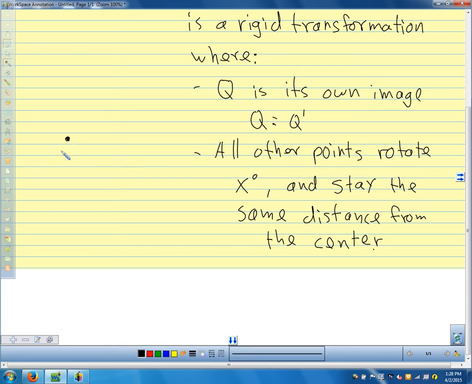So here's our point Q. And we have some triangle here that we're going to rotate. So I'll draw a little triangle. So this is going to be triangle ABC. So when we rotate, we need to be able to measure how far we rotate. So I'm going to draw a little line to one vertex.